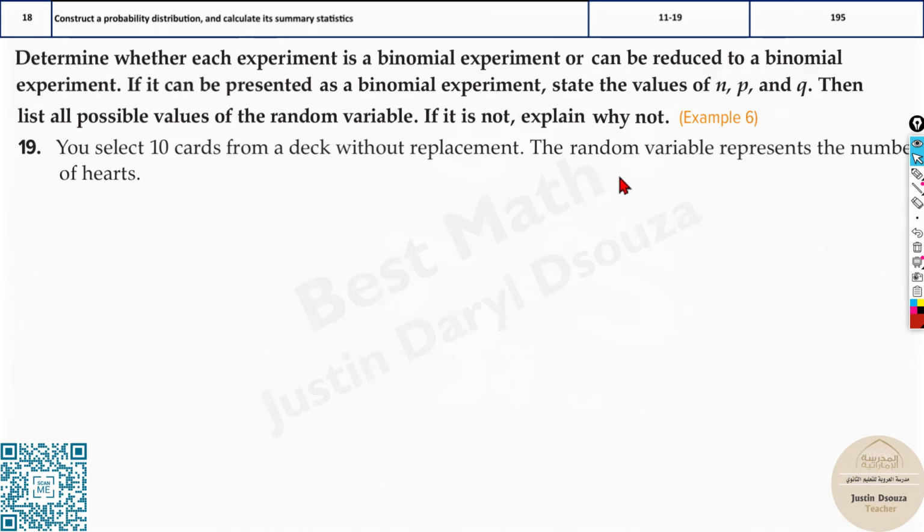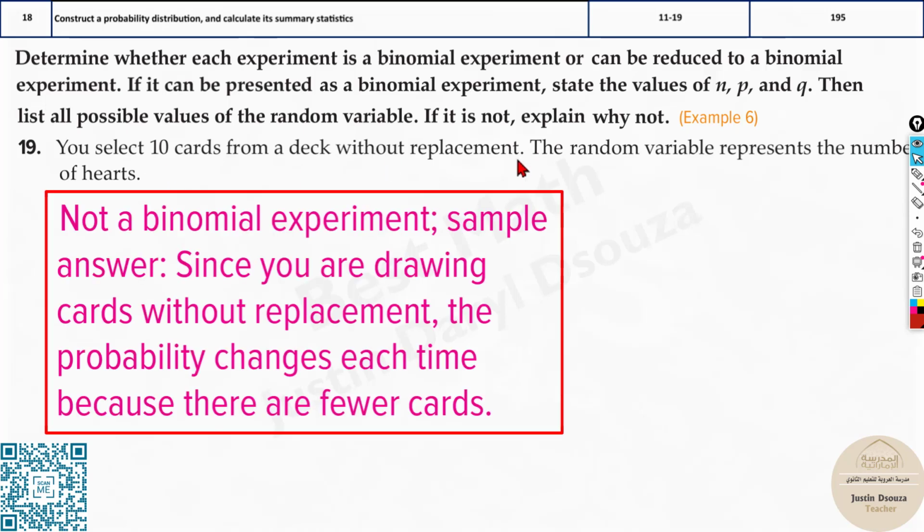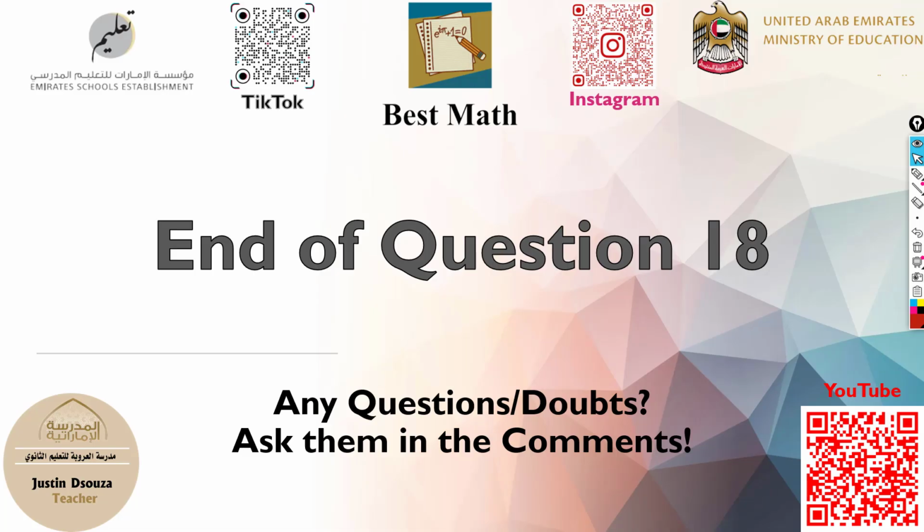The random variable represents the number of hearts. So no, this is without replacement. No, because there are lots of possibilities. It's not a binomial experiment. Since you're drawing cards without replacement, the probability changes each time because there are fewer cards. And that's basically the end of question 18.